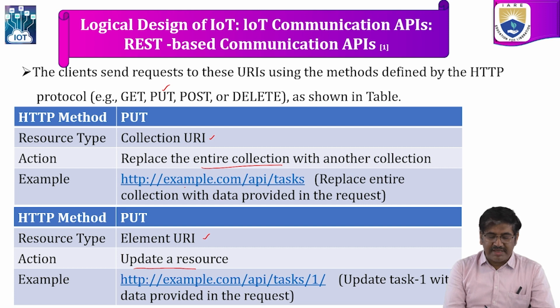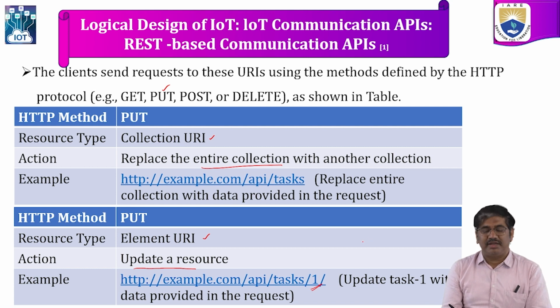The example is example.com/API/task. This will replace the entire collection with the data provided in the request. If given a particular task, it is going to replace or update only that particular task, that is task 1 in the example, with the data provided in the request.